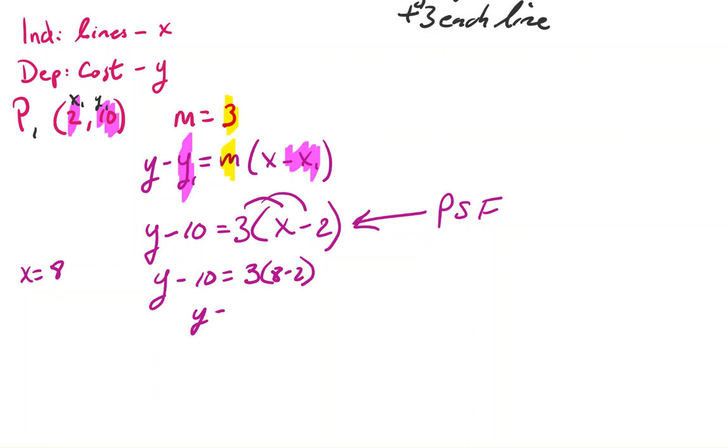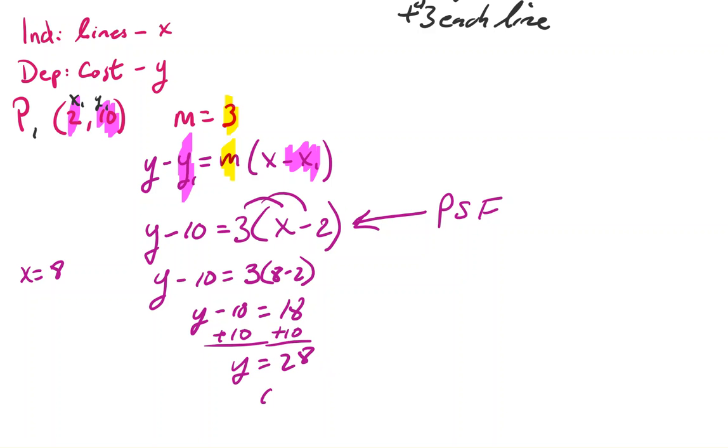Well, actually, 8 minus 2 is 6, so that would be 18. Let's just do it that way because I know the book didn't. Okay, 18. Negative 10 changes to a positive 10. So y is now equal to 28.